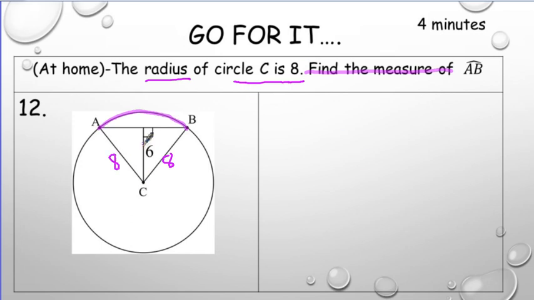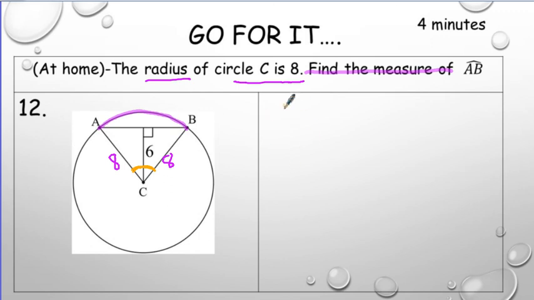If you notice that this is a right triangle and it's asking me to find this arc. So if I find this piece, if I find what this angle in here equals, then I know that the arc is going to be exactly the same measurement, because the rule for a central angle is the central angle equals the same thing as the intersecting arc.